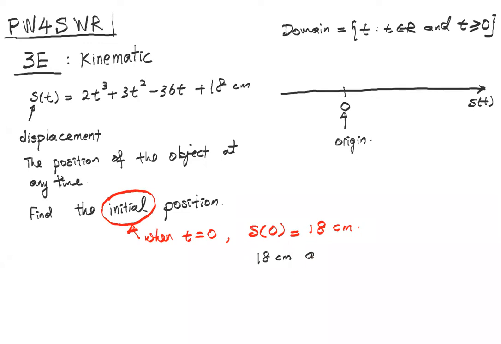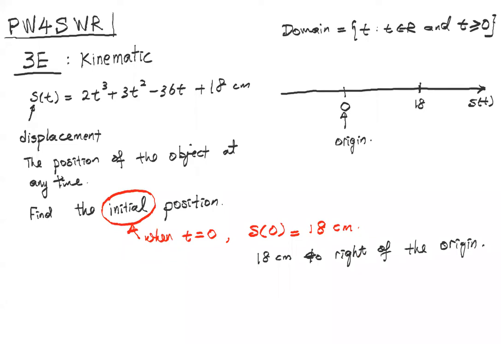To the right. Okay. This is English: to the right of the origin. If you don't want to use origin, you can say fixed point. So that means I start to study the motion of the particle when the particle is here. Before that, where is it? I don't care. Are you clear? So that is about the initial position.